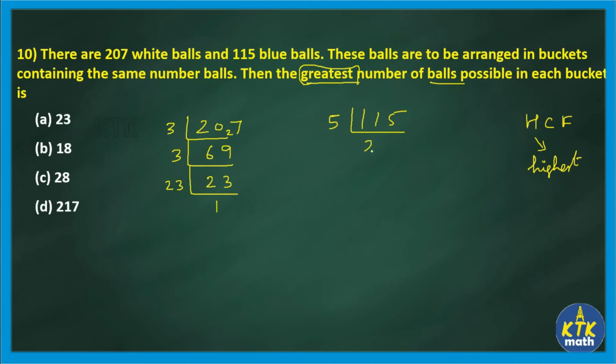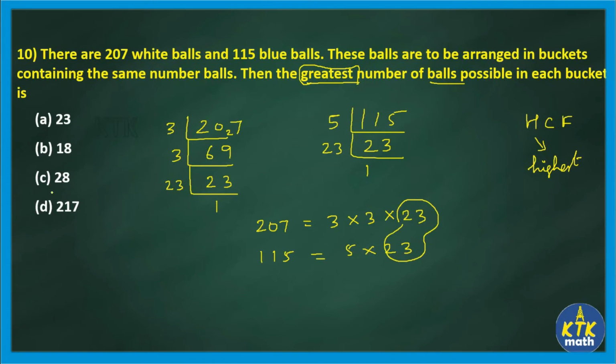So 2 fives are 10, then 23, 1. So you can just classify the numbers by prime factorization. 207 can be written as 3 into 3 into 23, and 115 can be written as 5 into 23. Here your common number is what? 23. So 23 is the answer for question number 10.